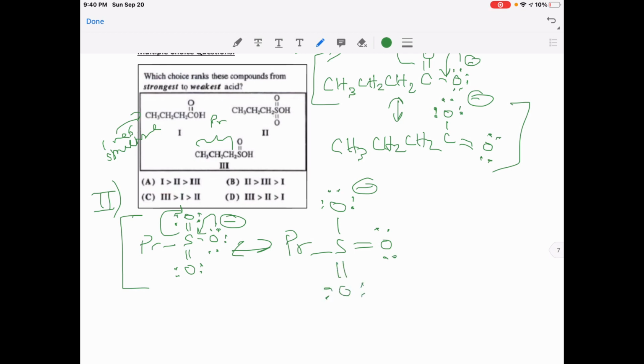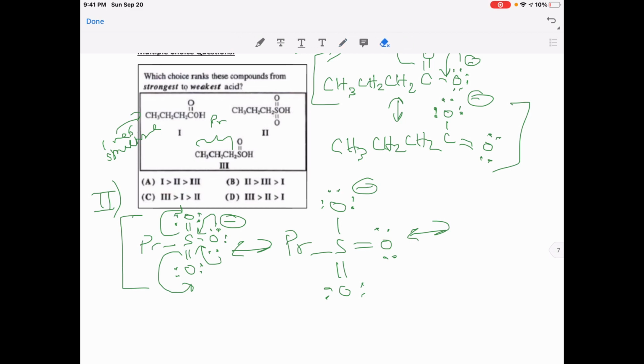And similarly, if I did it the other way, if I moved a lone pair from here and caused an electron to go up there, these 4 electron flows don't occur at the same time. The top ones are for the first resonance state, the bottom 2 are for the other one.